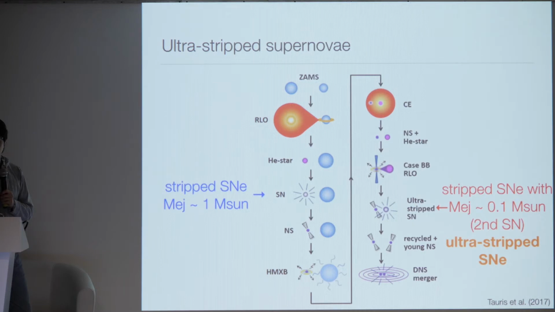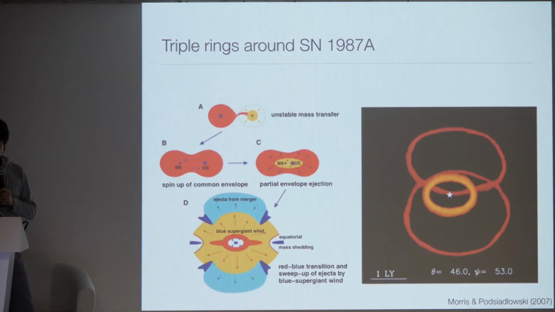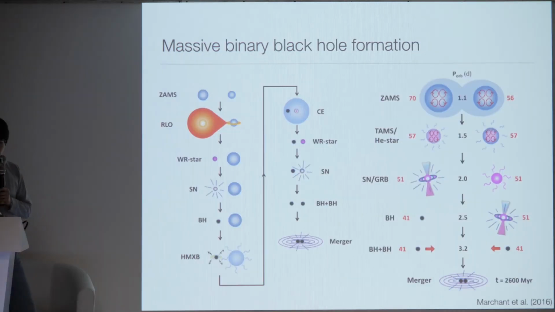That's the short answer. But in these cases, of course, the core is really affected by the binary stellar evolution, because the rapid rotation is making the core big.